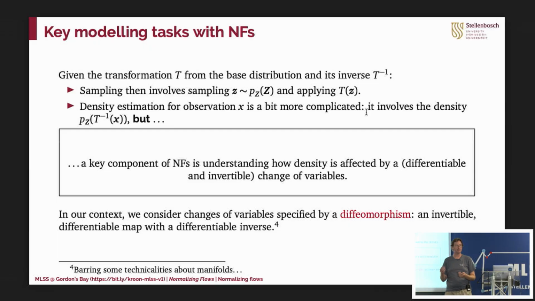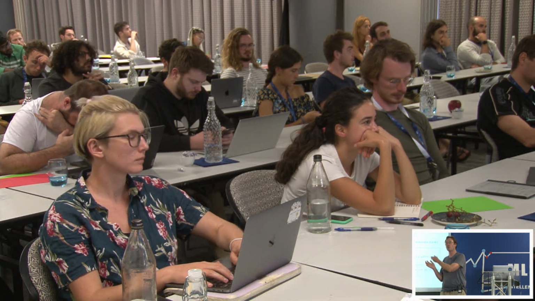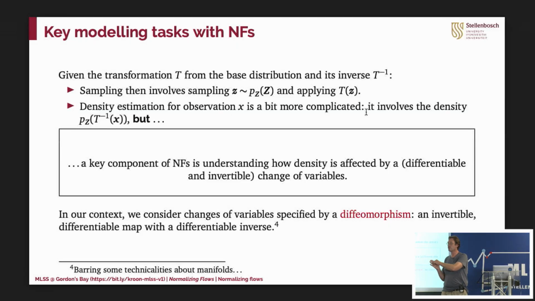How about density estimation? Well, for density estimation, I start with an observation. I have T inverse, so I can find out what point in the underlying Z space corresponds to that. It's invertible. There's only one point. And so I should be able to just go back and say, okay, there's the density.